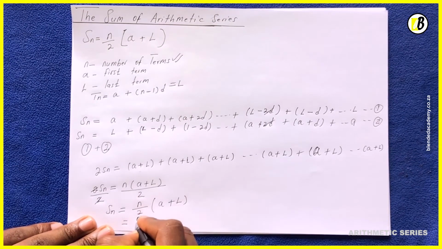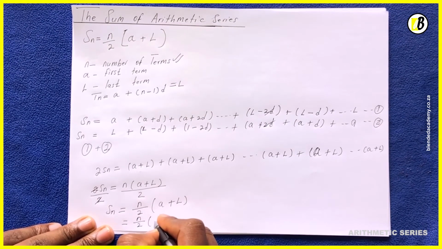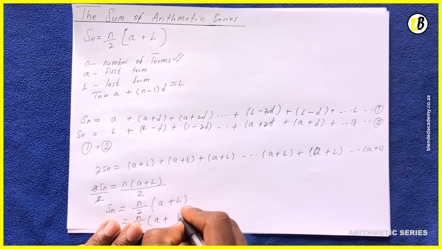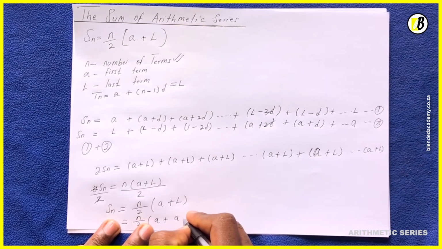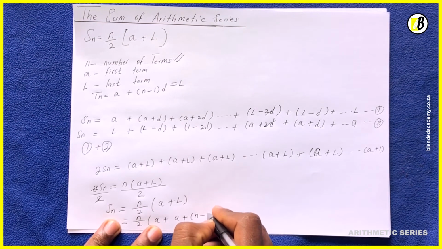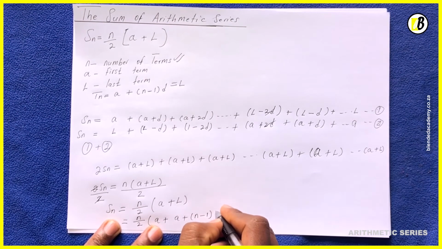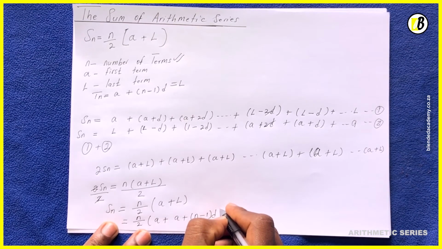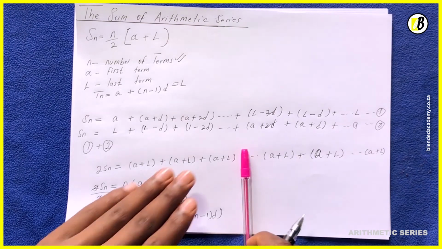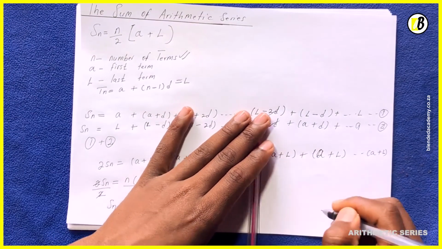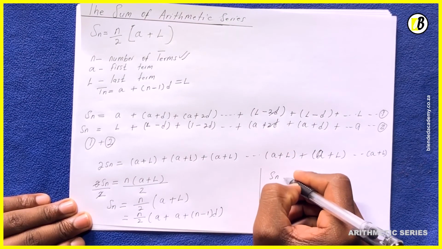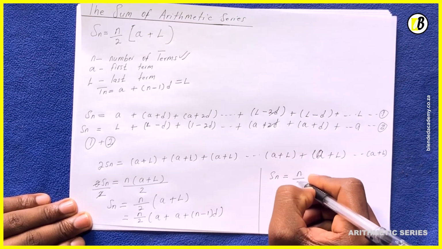Then we're going to have n over 2, open brackets A plus A plus open bracket n minus 1, close brackets d, right? Since I don't have enough space here, I will just try to divide this so that you are able to see.